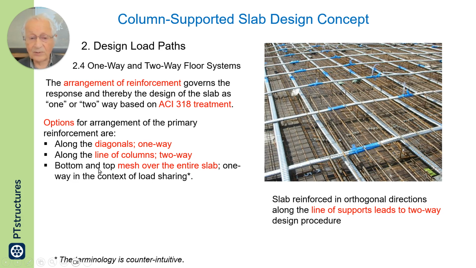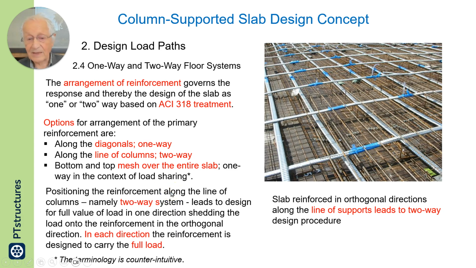Use bottom and top mesh over the entire slab. That is the one way in the context of load sharing. That used to be in the past for reinforced concrete. A top and bottom mesh was used primarily for reinforcement.